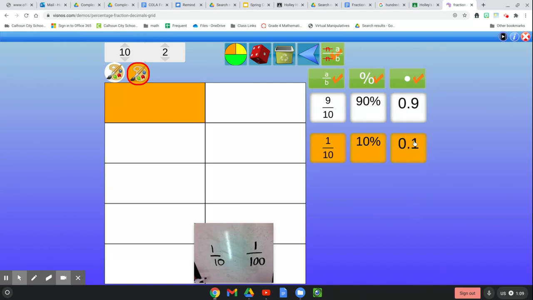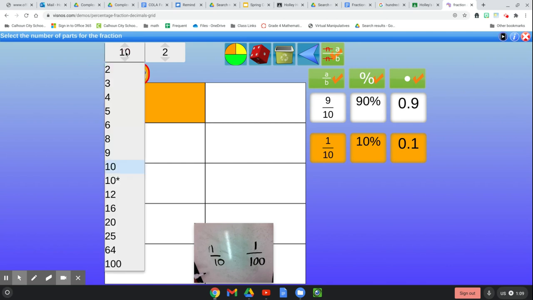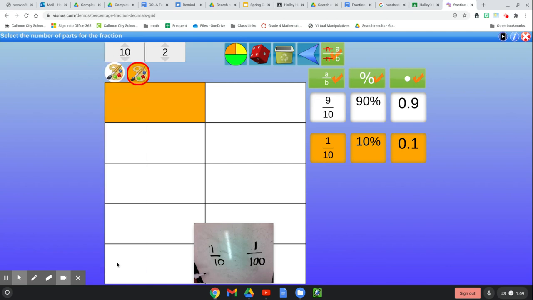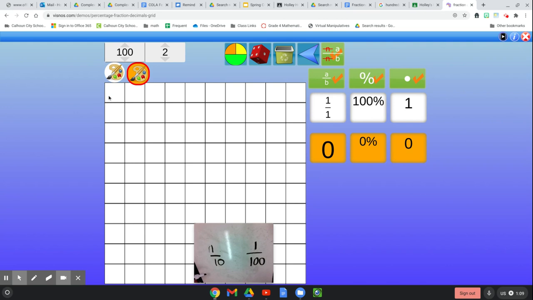And then again, that's 1/10. So this represents 1/10. Now let's change it out of 100. 1/100. So what do you notice about this model?